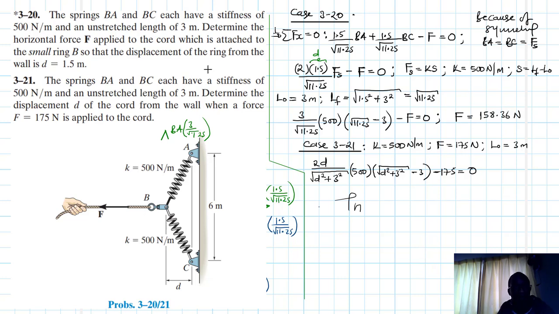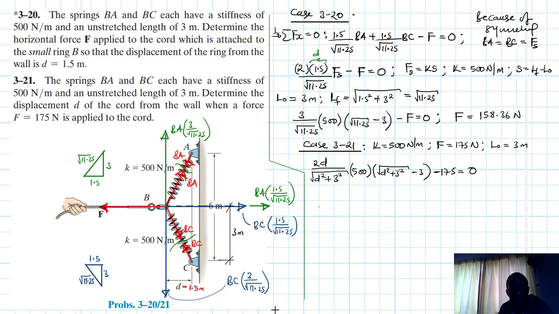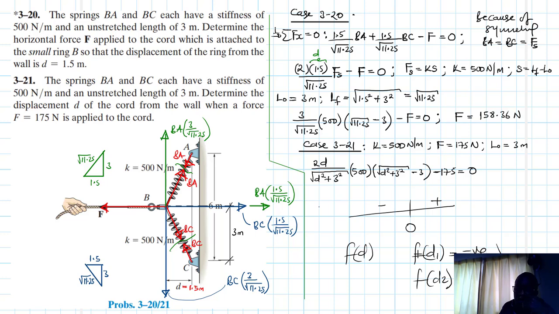So for the trial and error method, we are on a number line like this. We'll have negative this side, positive this side, and we'll write this as a function of d. We'll have one value of d that will give us a negative, another value of d that will give us a positive, and somewhere in between, that's where the solution lies.